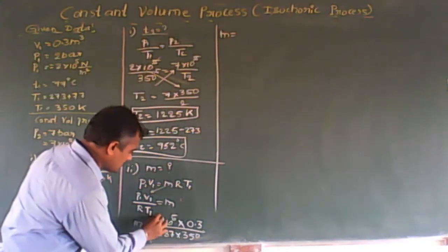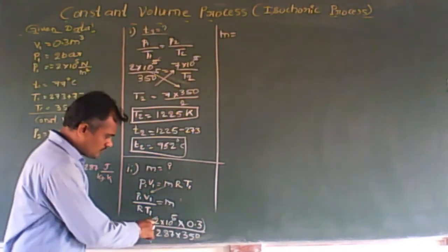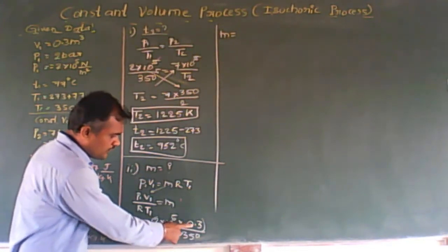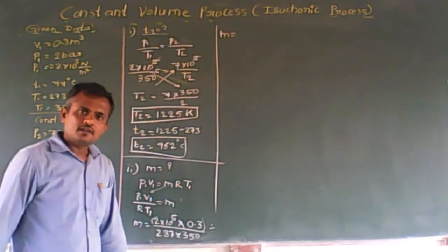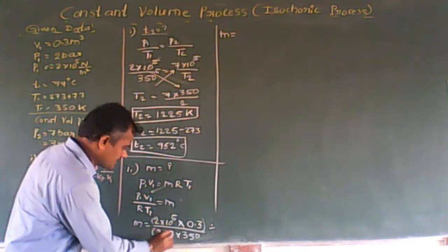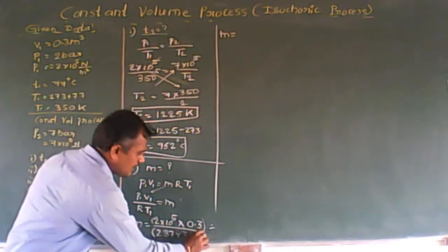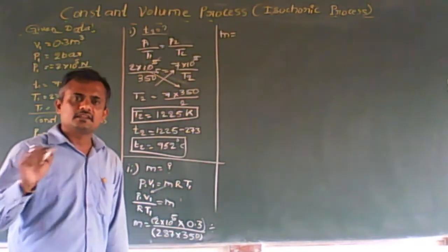While using the calculator to get the answer, open the bracket, 2 into 10 raised to 5 into 0.3, close the bracket and use the divide symbol, and again open the bracket, type 287 into 350, close the bracket and press equal sign.